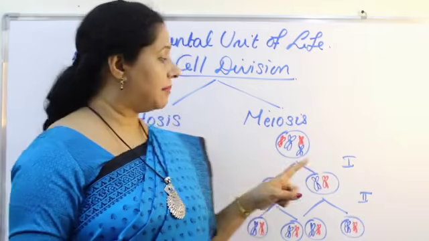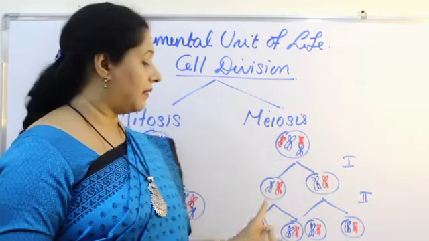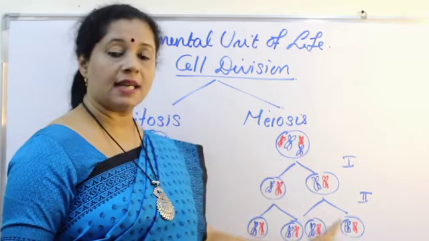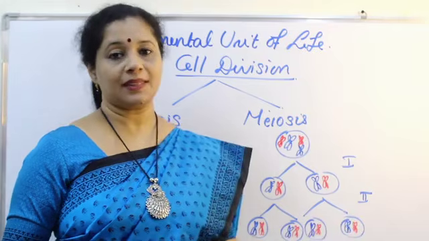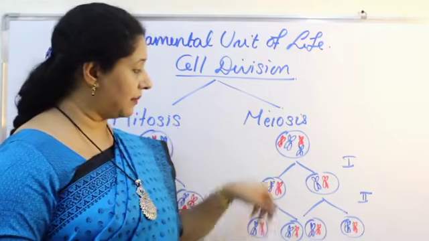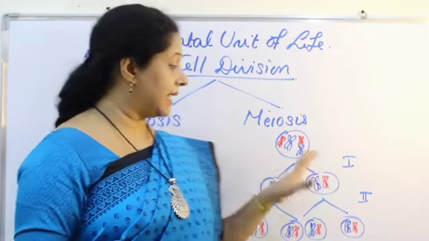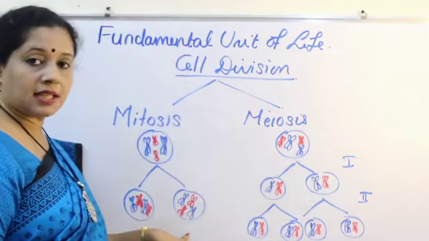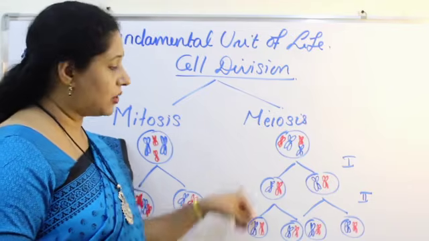Why? Because in meiosis, we are starting with the 2 pairs of chromosomes, and finally we are getting daughter cells with only 1 pair of chromosomes. Understood? That is only one from each type. So here, one more difference you can easily see. Here 2 daughter cells were formed, but here 4 daughter cells are forming. And also in 2 steps.